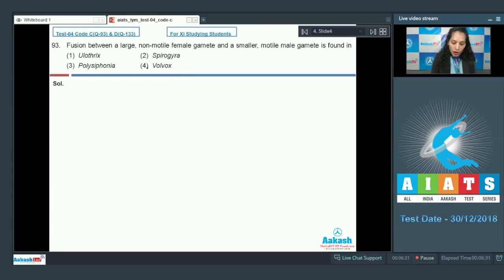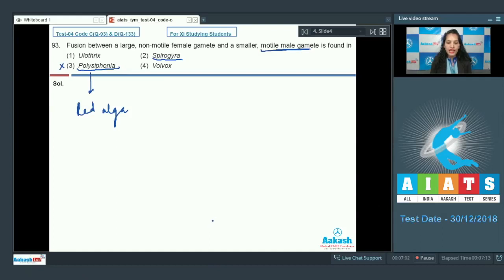So, if you see the options, Polysiphonia is ruled out. You may know that Polysiphonia is a red alga. And in case of red algae, both male and female gametes are non-motile. But here in this question, the male gamete is motile. So this option is ruled out. Next is Spirogyra. Spirogyra is a green alga.